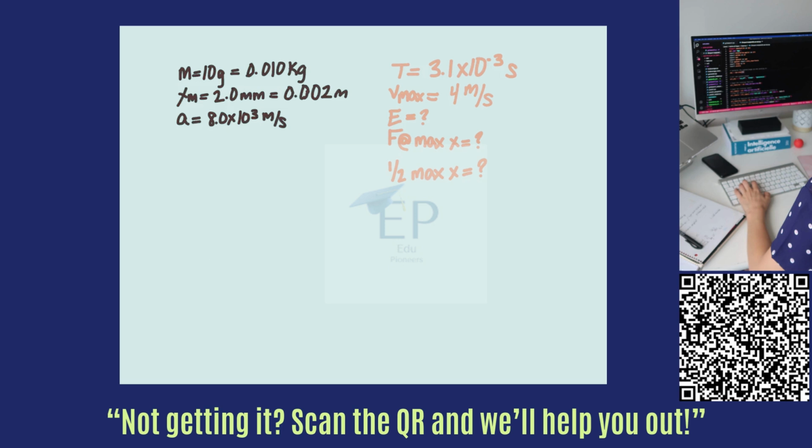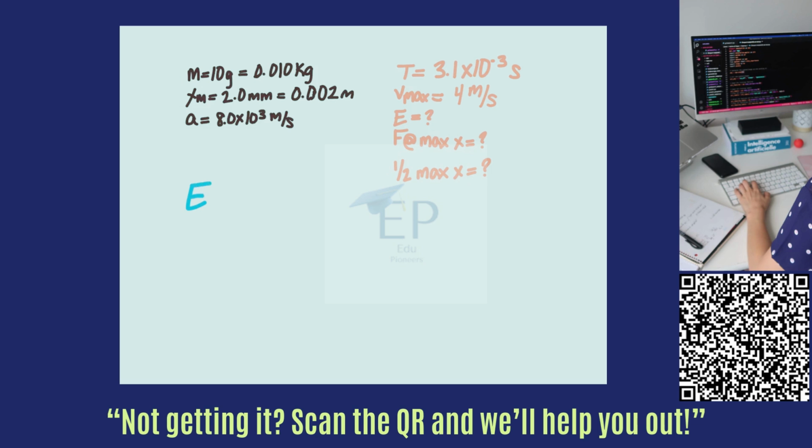Next part is working with the total energy at the maximum speed, or the total mechanical energy of our oscillator. Since the total energy is going to be kinetic energy, because at max speed potential energy is 0, we're going to work with the equation energy equals 1/2 mass times velocity squared.